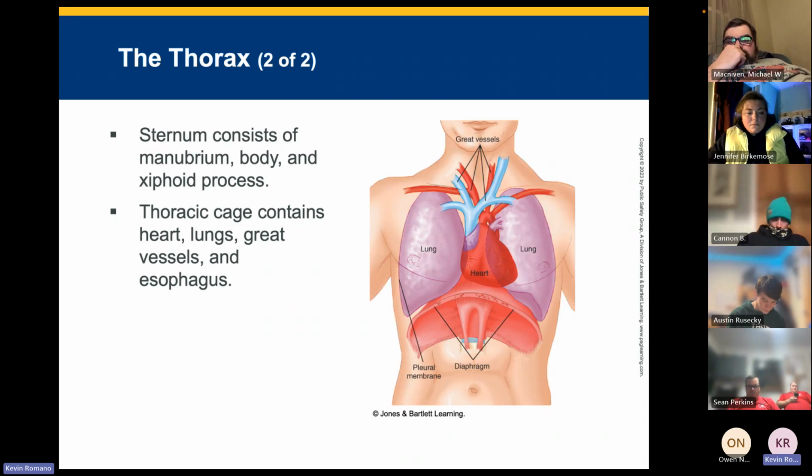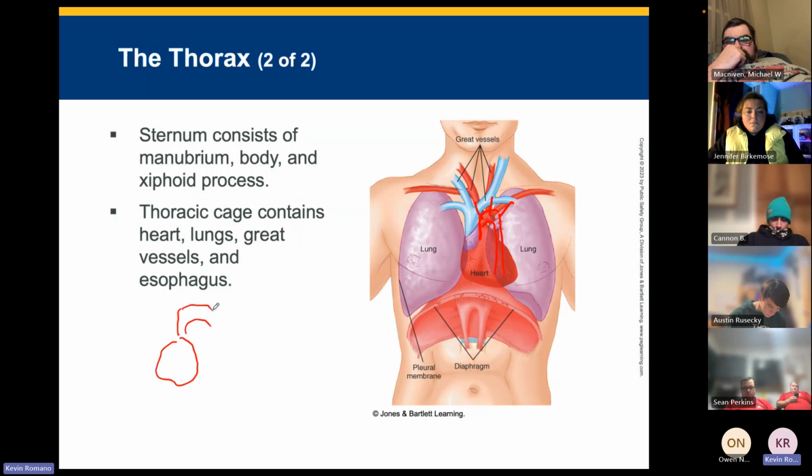I'm trying to draw it over the red here. Your aorta comes up like this and wraps back around again. You have the great vessels off the top. So literally it'll look something like this. We'll say this is the heart. We'll draw the aorta coming up.